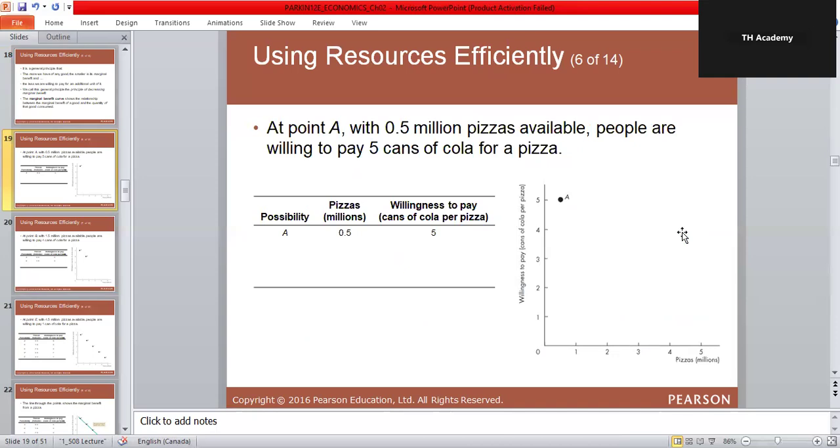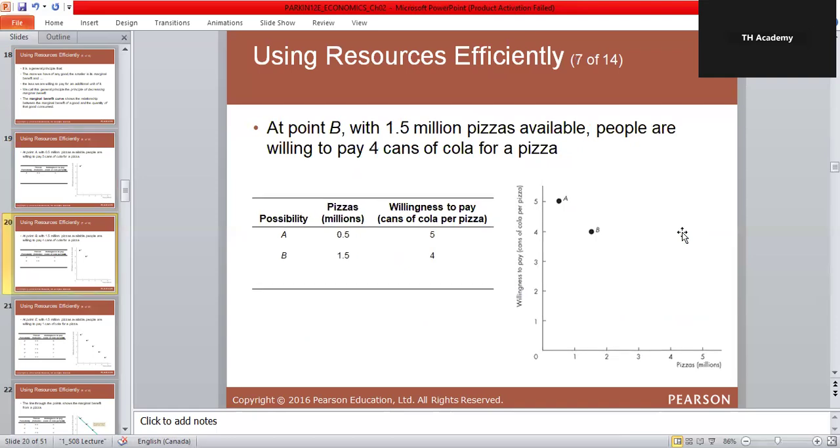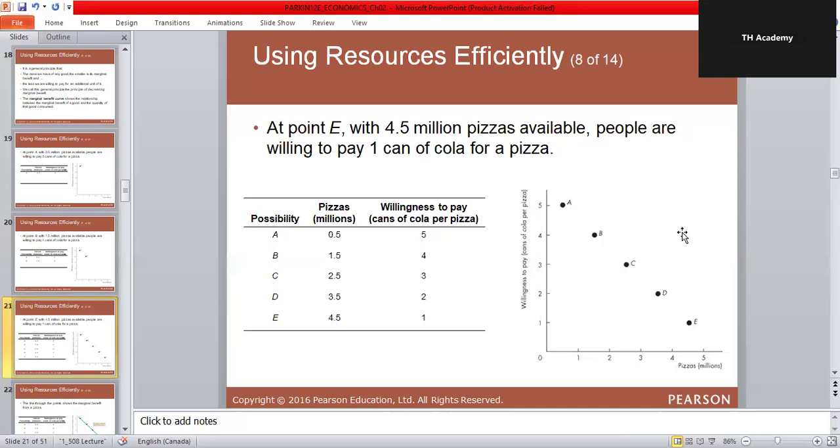Marginal benefit curve. Examples with pizza. 0.5 million pizzas means willing to pay 5 cans of cola for one pizza. Similarly, 1.5 million pizzas means willing to pay 4 cans of cola. 4.5 million pizzas, willing to pay 1 can of cola. Now look at this.